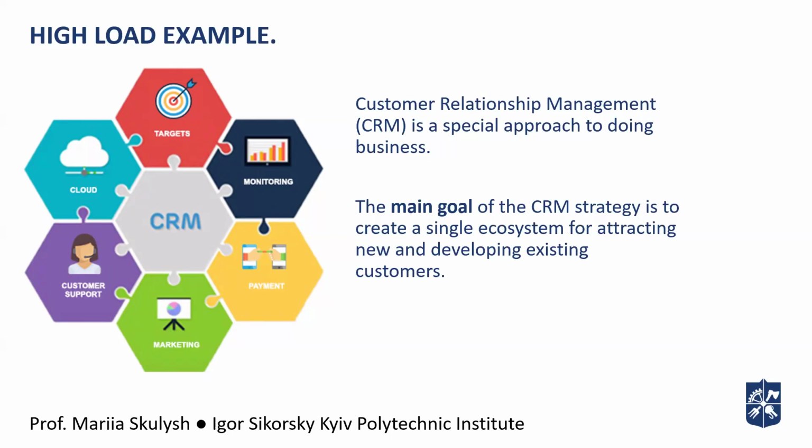And maybe in more detail, we can look through the CRM system. What does CRM mean? CRM is a system that supports subscribers or business processes, to collect and process information about subscribers. The main task of a CRM system is targeting.